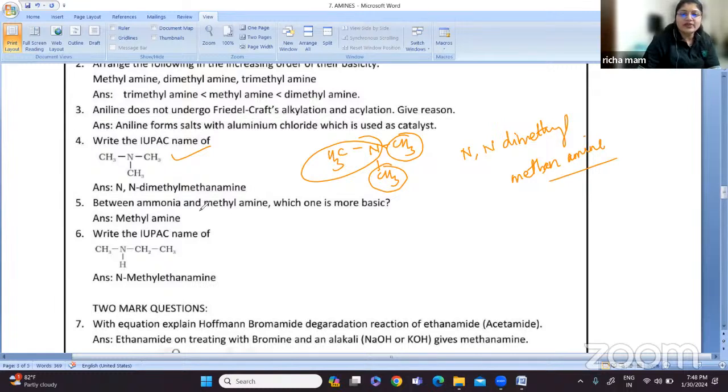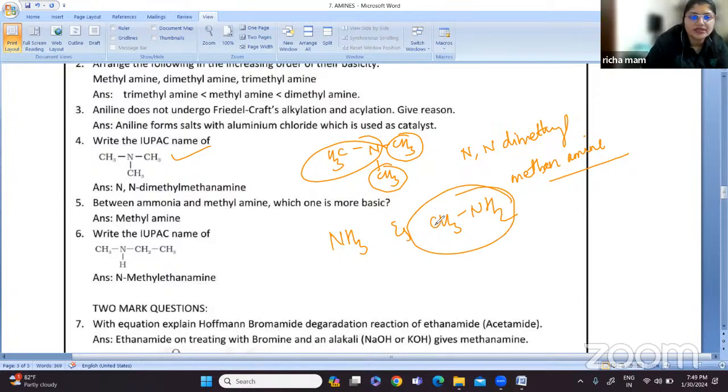Now between ammonia and methylamine, which is more basic? Methylamine is more basic. Remember that. Now, can you give me the name of this?